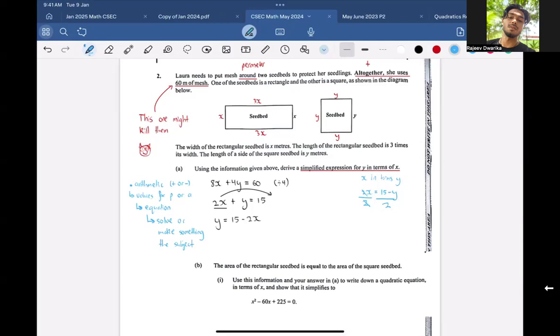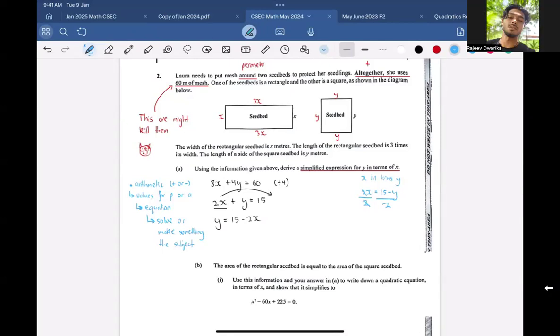Healy, tell me what's going on. I was thinking that we could use the answer for A to find the area of the seed bed, but we don't know y.